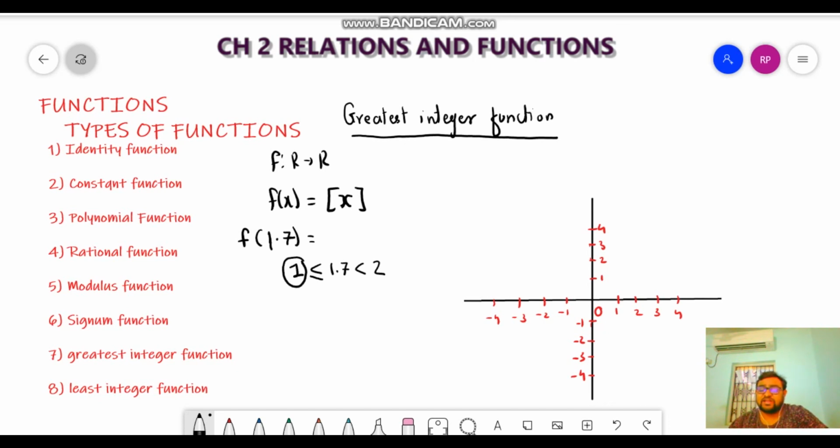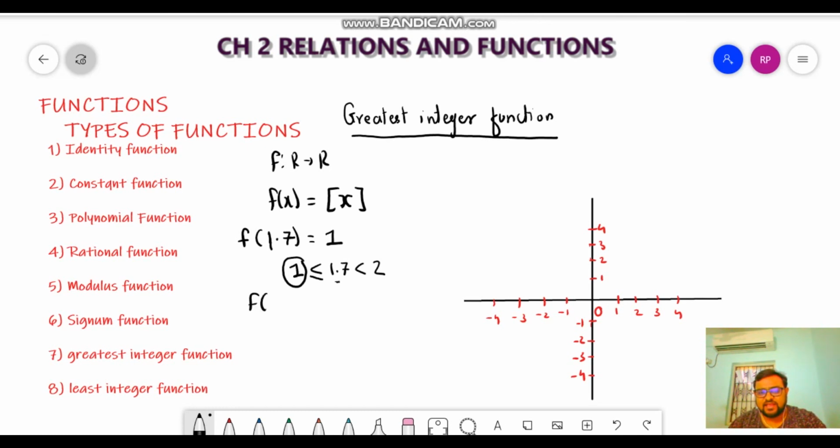Now which is the greatest integer? You can say 0, yes, that is less than 1.7, minus 2, yes, that is less than 1.7, but which is the greatest? Then it will be 1, right? So 1 is the greatest integer but not greater than 1.7. If I take 2, then it will be greater than 1.7, right?